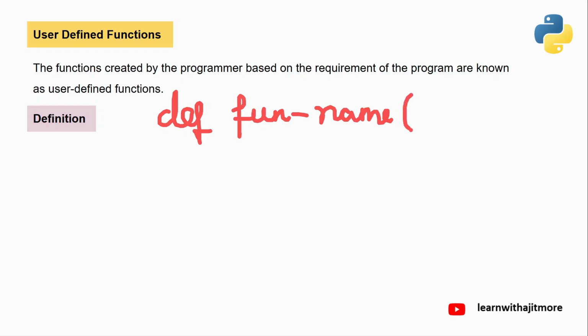Then after that, round bracket, open and close. Open round bracket, close round bracket. This is just to enlist the parameters which you are going to pass to that function. तो अगर आप पैरामीटर्स देने वाले रहोगे तो वो पैरामीटर्स की लिस्ट यहां लिख सकते हैं. पैरामीटर्स क्या, वेरिएबल्स हैं.